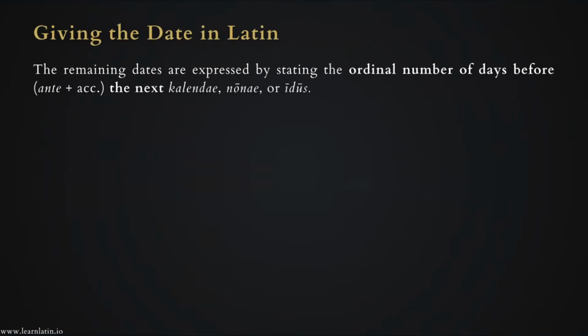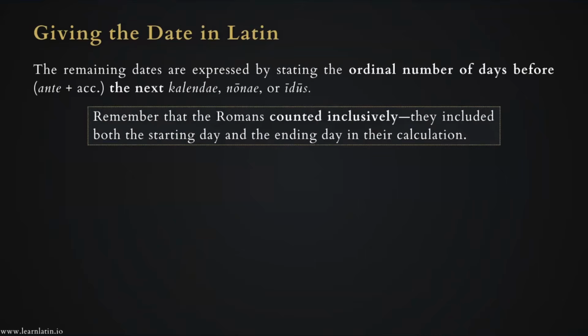So whenever you want to state a date, if it's not the calendae, nonae or idus of that specific month, you will have to express it relative to the next important day. Remember before that the Romans counted inclusively. They included both the starting day and the ending day in their calculation. We count, by the way, exclusively, typically. That's why I tell you that.